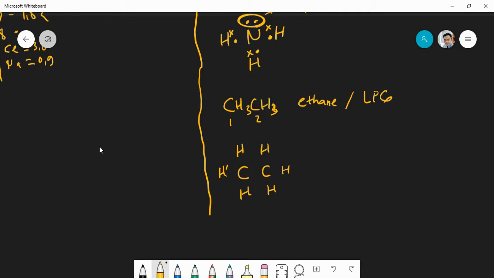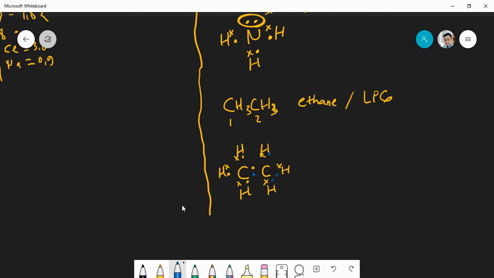So you get one, one, and one, and one, and one, and one. Each hydrogen needs one electron, so give one electron each. Carbon number one has one more electron because, as you remember, carbon comes from group 4. So this one electron is then shared with carbon number 2, one electron each.